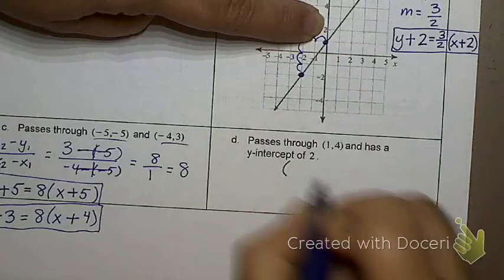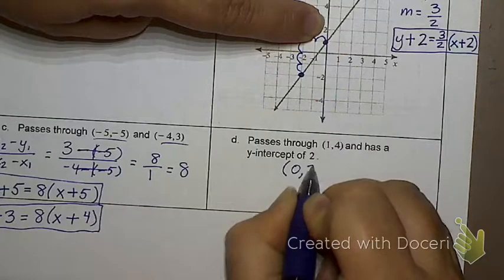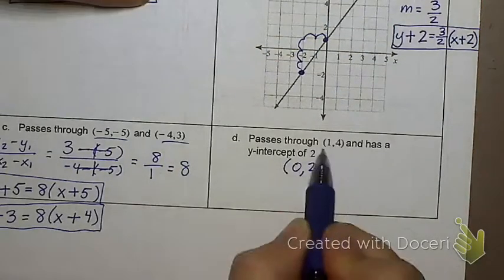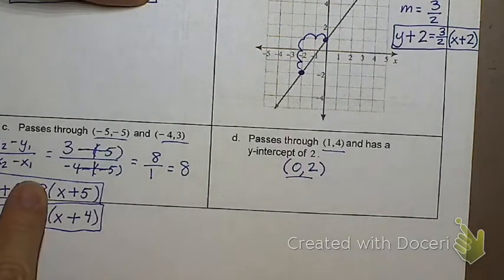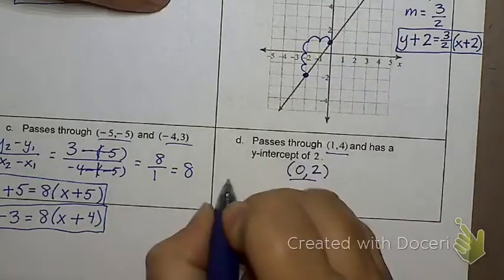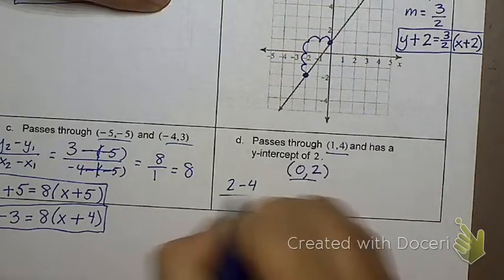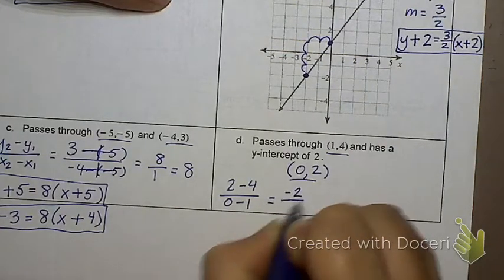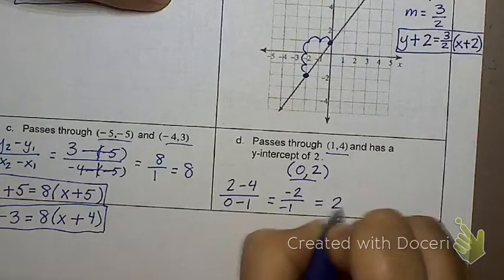A y-intercept of 2 is the point 0, 2. And if I have 2 points, I'm just doing what I did in the last problem. So I'm going to find the slope doing y2 minus y1 over x2 minus x1. That gives me -2 over -1, or +2.